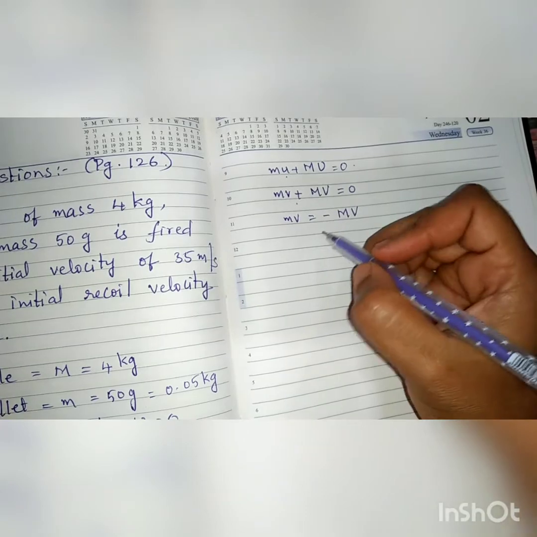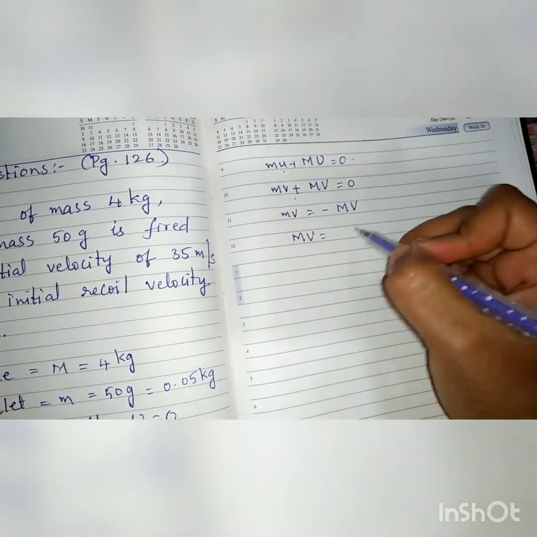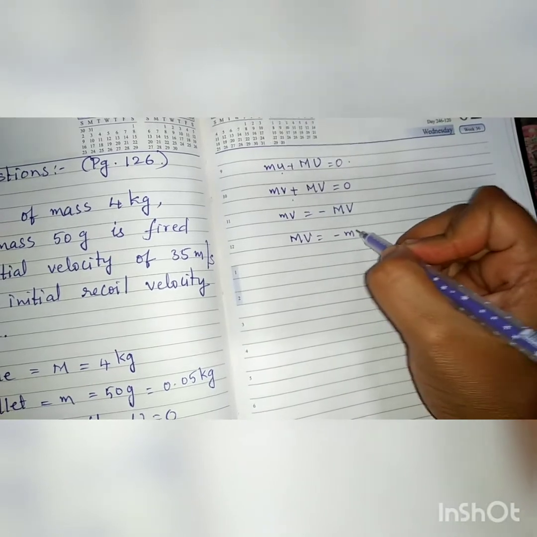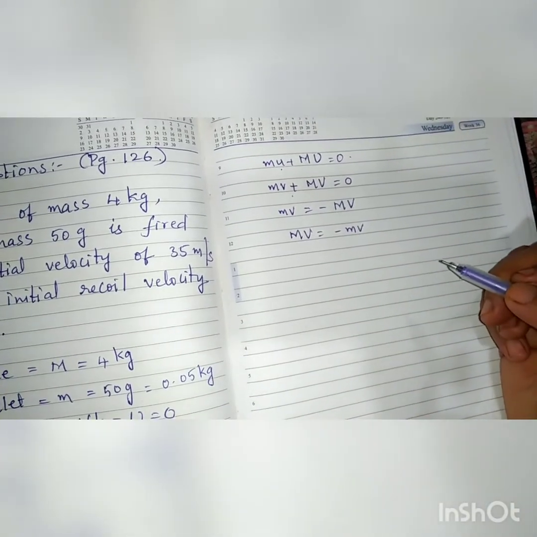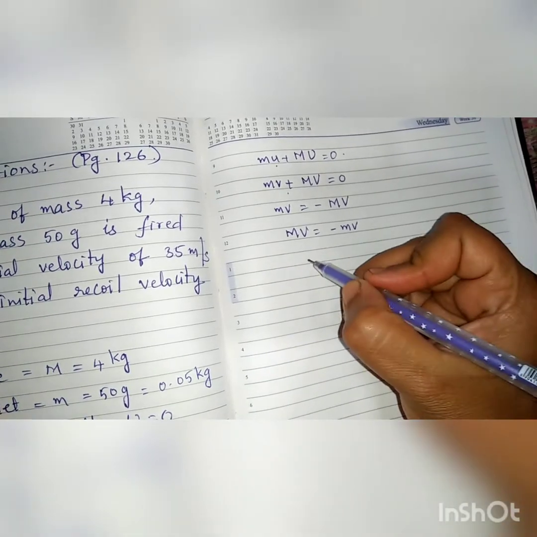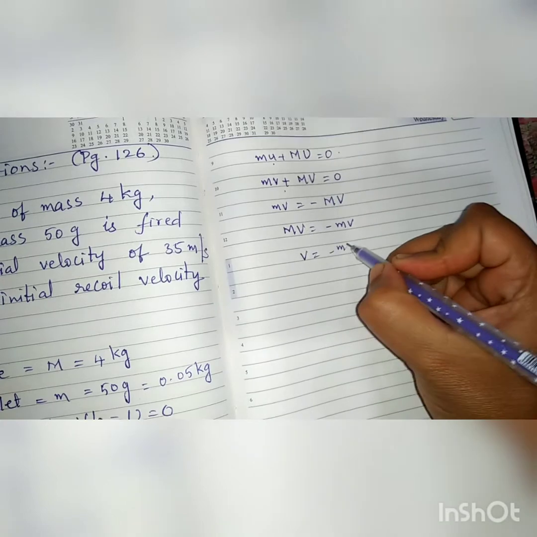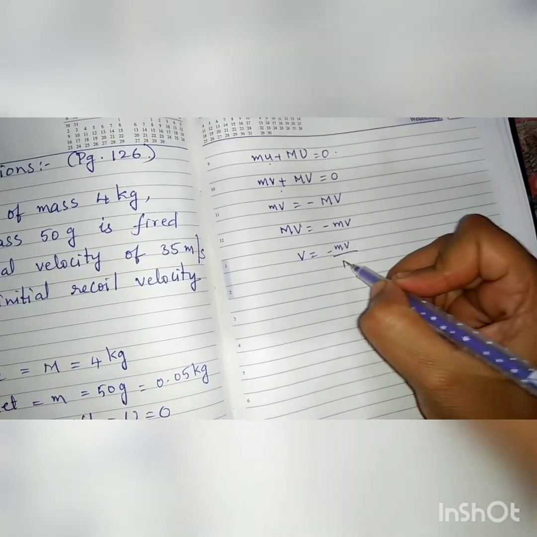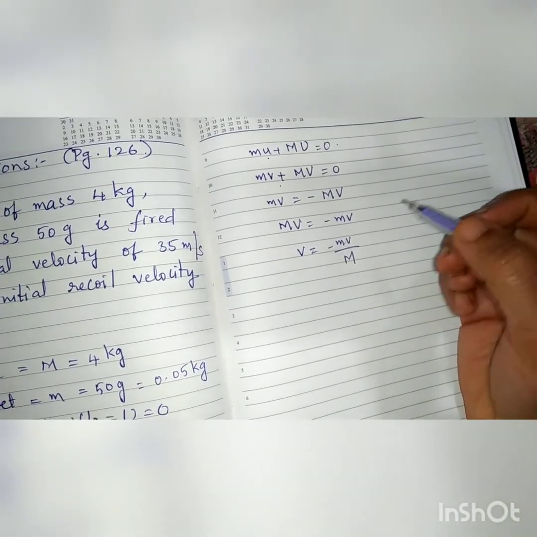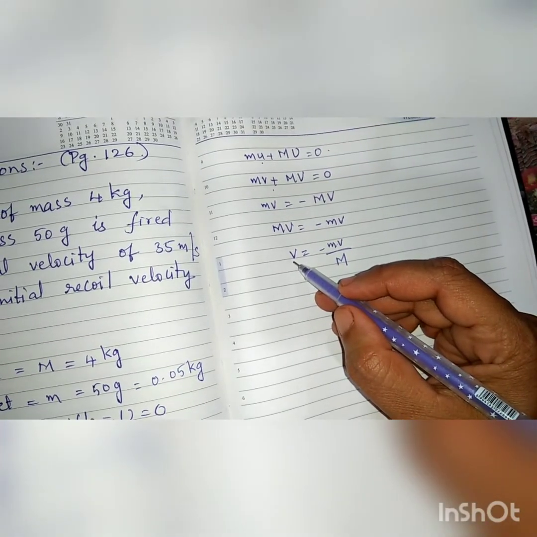Now we are going to calculate capital V: capital V is equal to minus mv by capital M. Here capital V is the recoil velocity of the rifle.